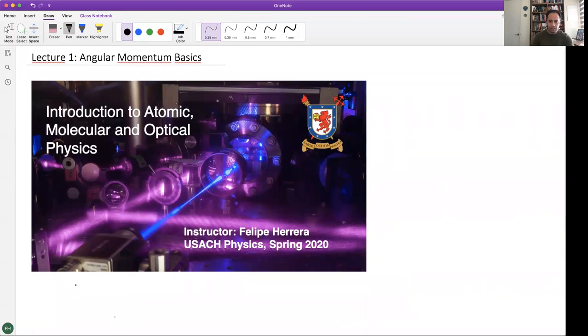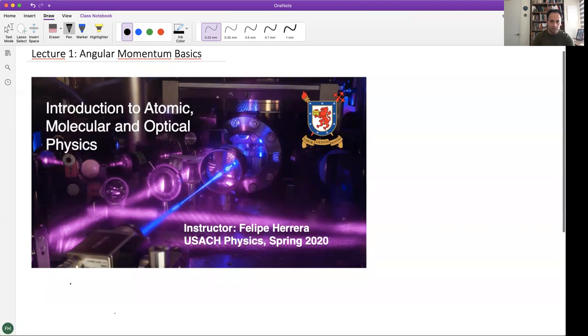We will see many examples of how atoms can be described in terms of angular momentum, quantum numbers, operators, and wave functions, and how these determine the photophysics and the couplings of atoms and molecules with electromagnetic fields. Also, atomic collisions are described by angular momentum selection rules. So let's begin.